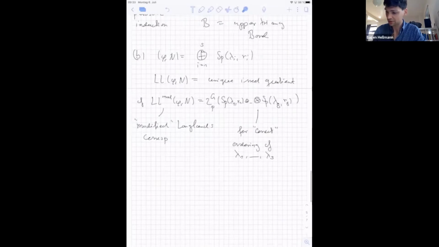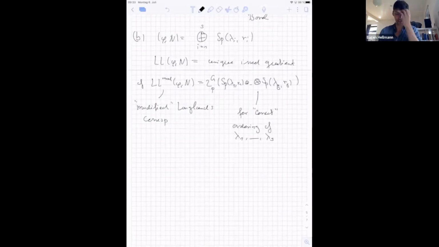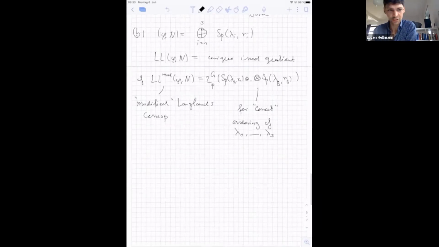All right, so this is the classical story, in the case of GLN, in the case of the easiest possible building blocks, the case of representations with a non-trivial Iwahori fixed vector.